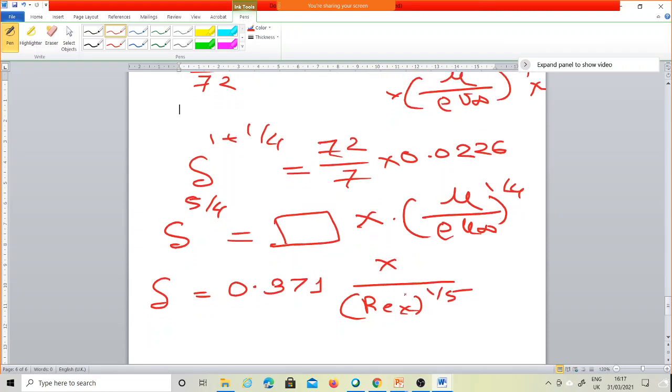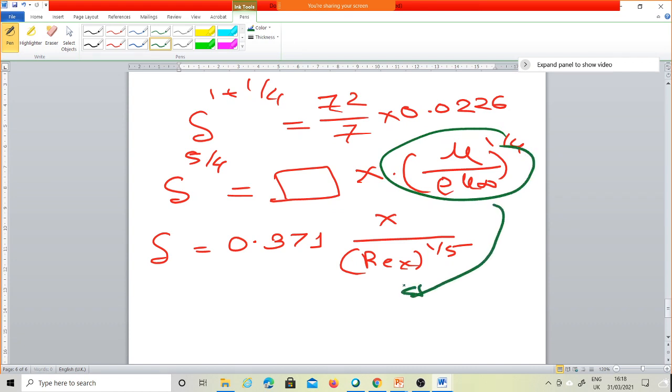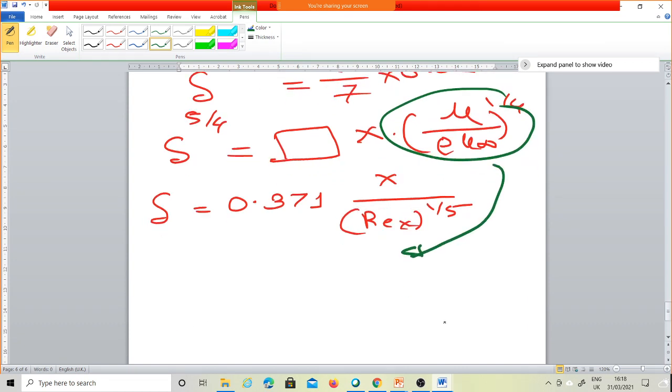Of course you need to do some simplification and some adjustment in the parameters, because if you need to go inside x to the power 1 by 4, you need to multiply it by x to the power 1 by 4, right? You need to think about it. I'm talking about this part. If you want to write it in Re x to the power 1 by 5, so what you need to do?